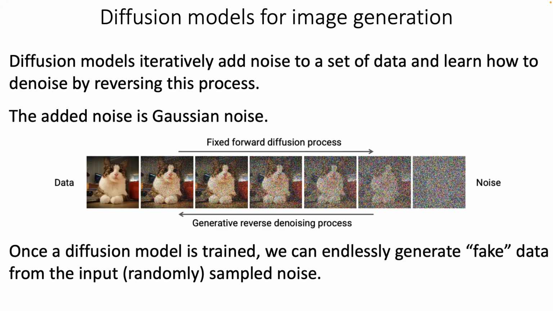And once we train a diffusion model fully, we can endlessly generate essentially new data that would belong in this category over here, that is hopefully high quality, just from input or randomly sampled noise. So we're just starting from noise and then figuring out other types of images. Maybe our whole training data set was based on animal images.